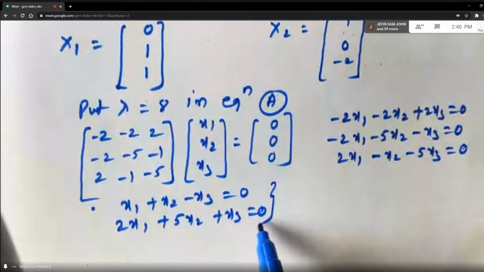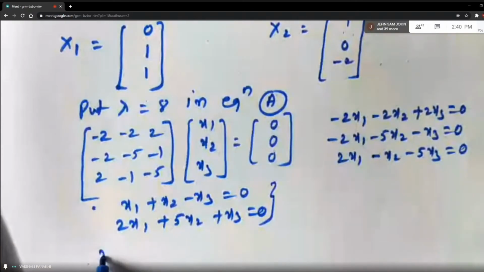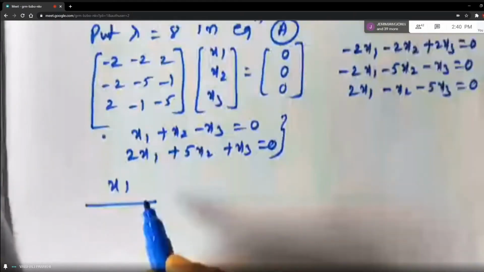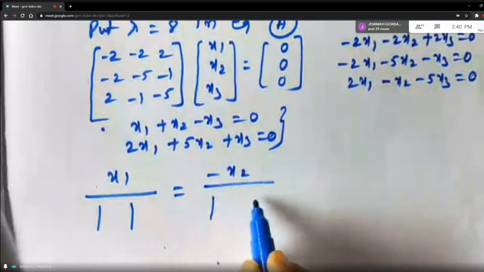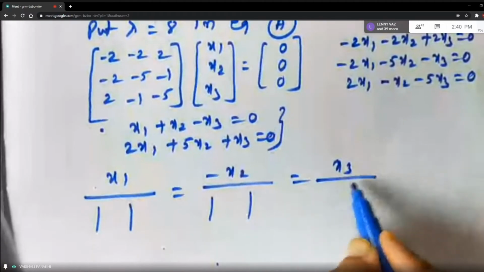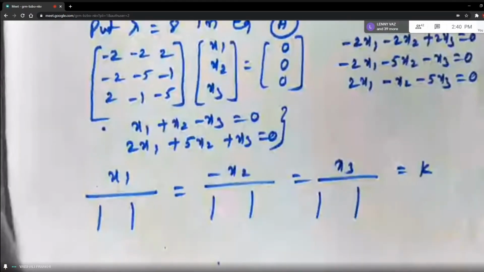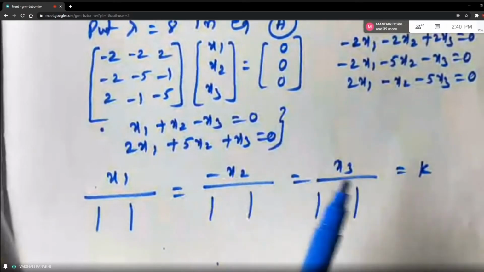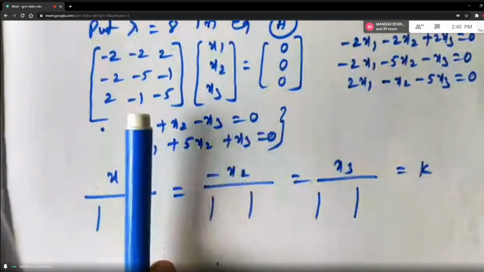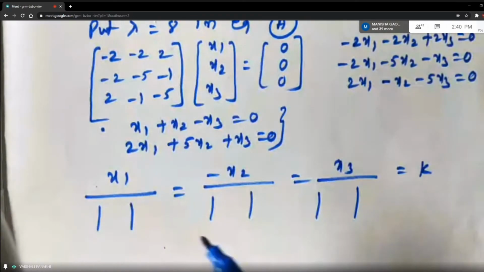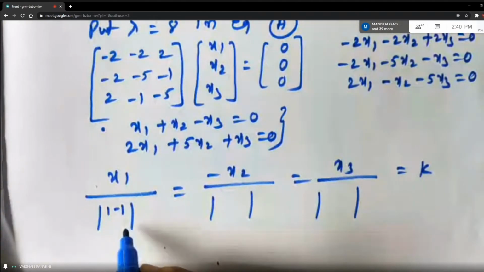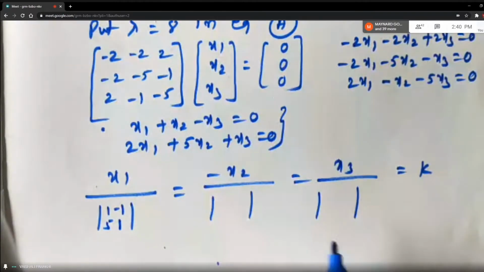Now once I get this, I told you how to solve it. With x1 upon the determinant, minus x2 upon the determinant, x3 upon the determinant is equal to k. Now when I write denominator for x1, students, I have to hide x1 column and write the coefficients 1, minus 1, 5, 1, right?